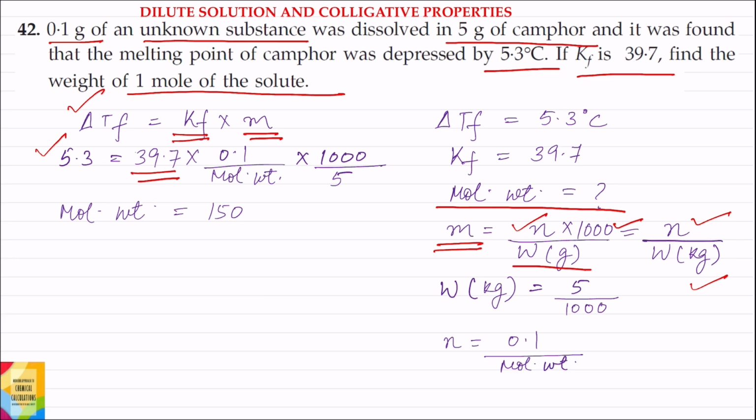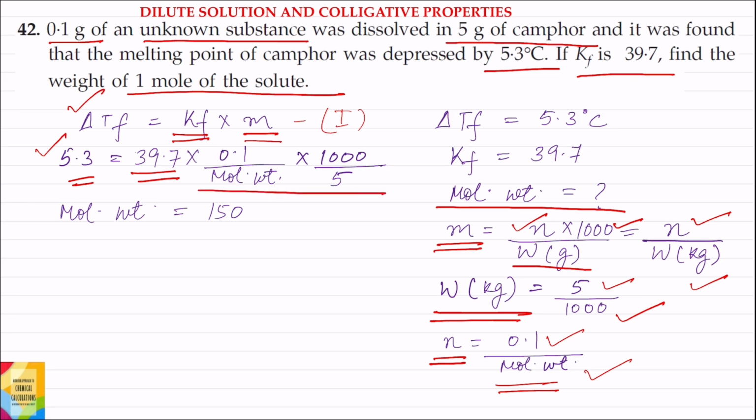Now here weight of camphor is given as 5 gram, so weight of camphor in kgs will be equal to 5 divided by 1000 kg. Number of moles of the solute will be equal to weight of solute, that is 0.1 gram divided by molecular weight of the solute, which we have to find out. Let this be equation 1. So putting the values in equation 1, we get 5.3 is equal to 39.7 into molality of solution.